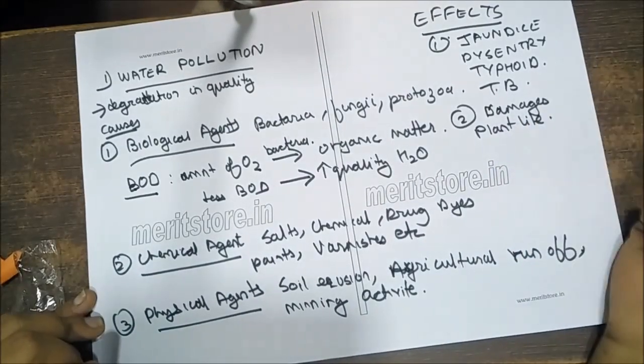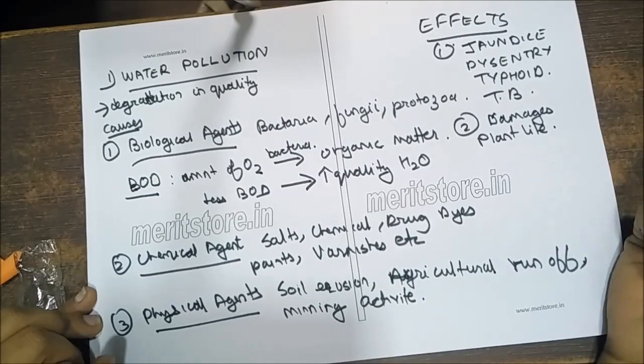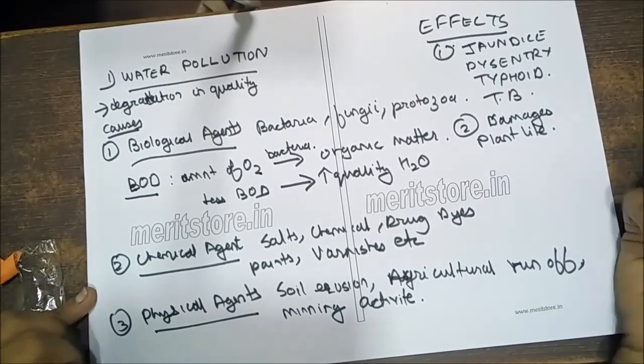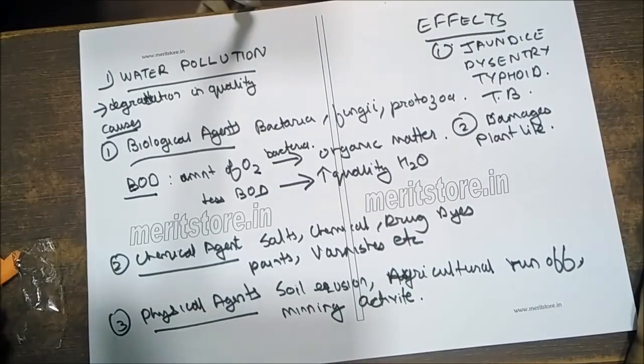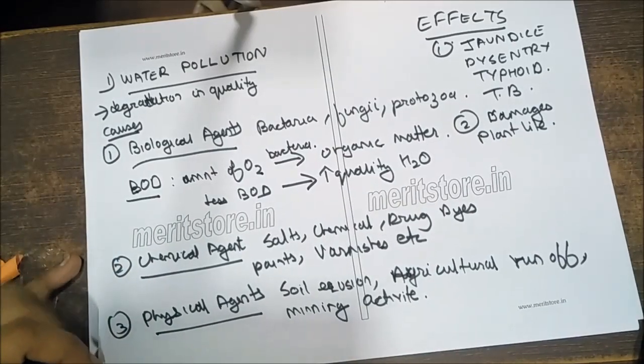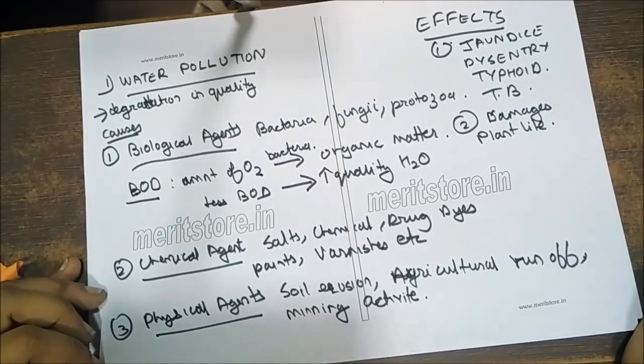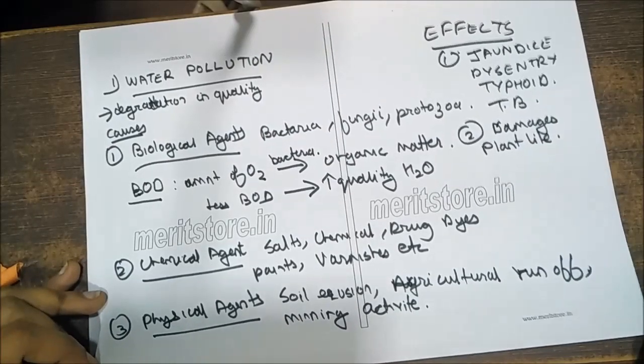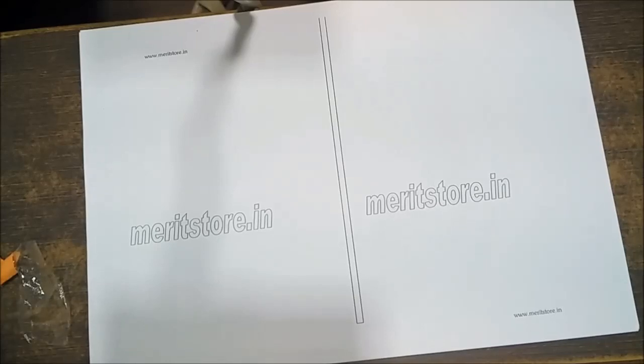Okay, so these are the harmful effects of water pollution. Now water is one of the necessities for living organisms, so we can't just allow any quality of water as drinking water. So there are some standards on how drinking water can be chosen.